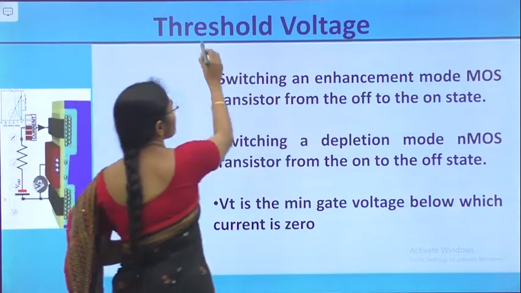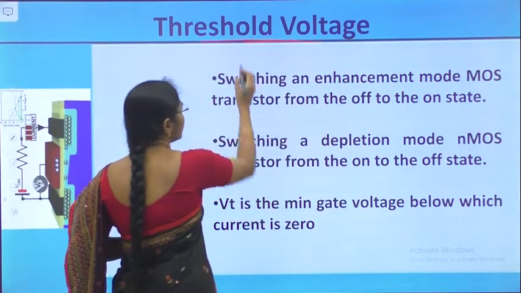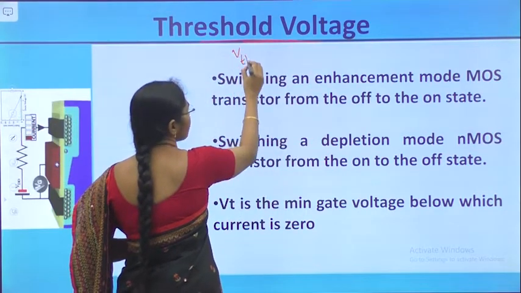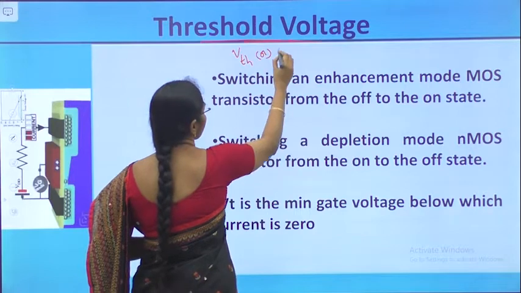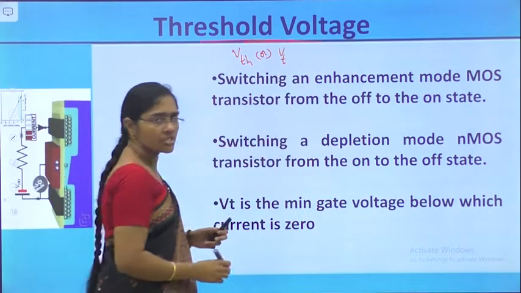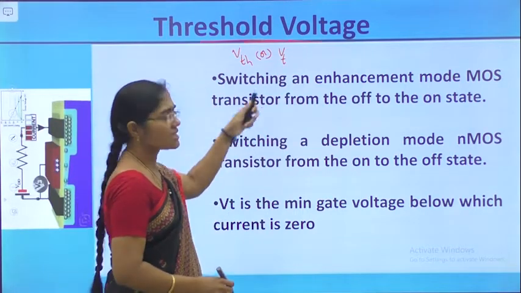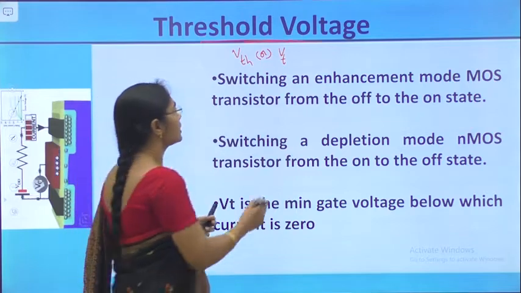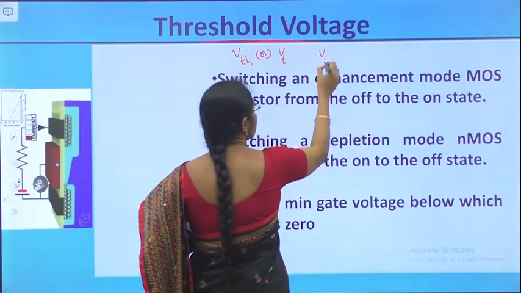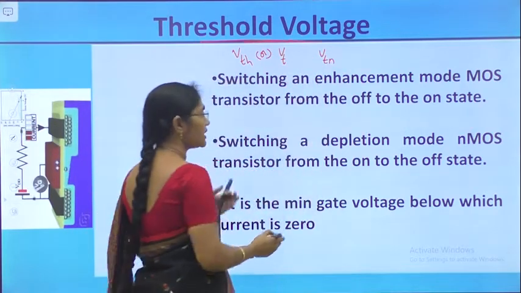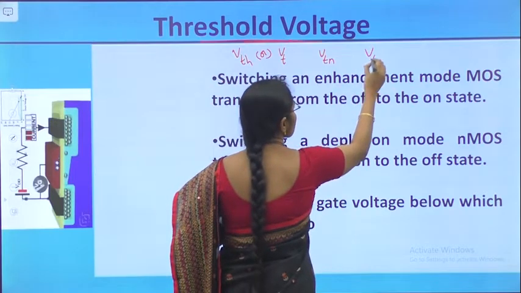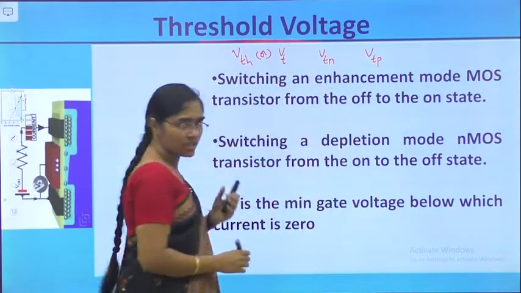First we start with threshold voltage. It is represented as VTH or VT. Some textbooks follow VTH and some follow VT, and for an NMOS transistor they use VTN. For the PMOS transistor they use VTP.